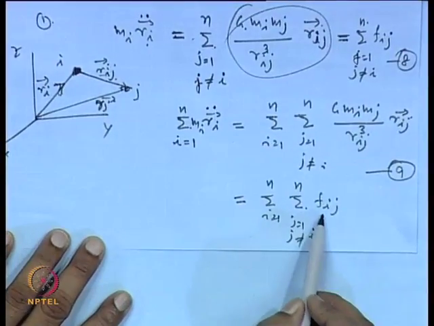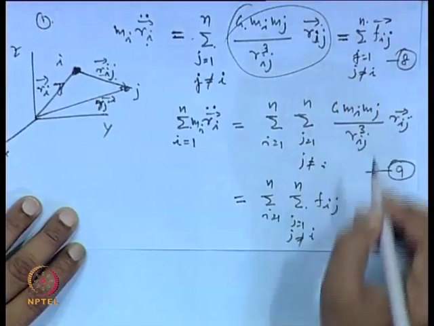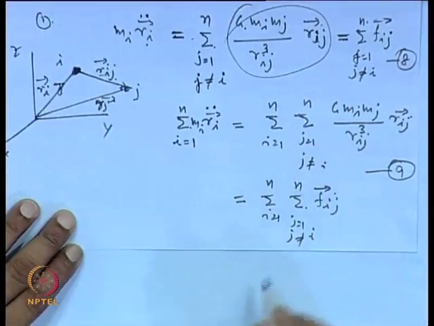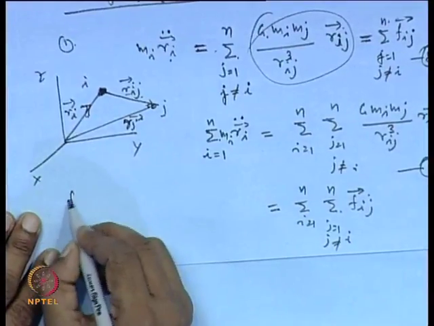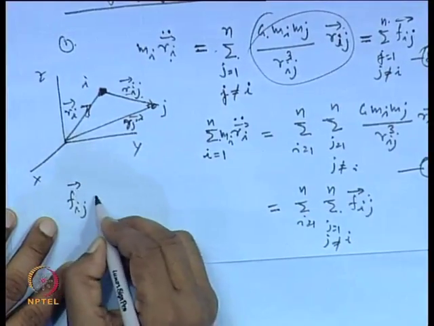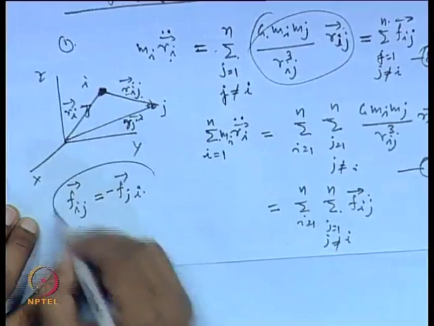If we look into the right hand side, here we should give a vector notation to this, because this is a force which is a vector. The property of this vector is f_ij equal to minus f_ji.